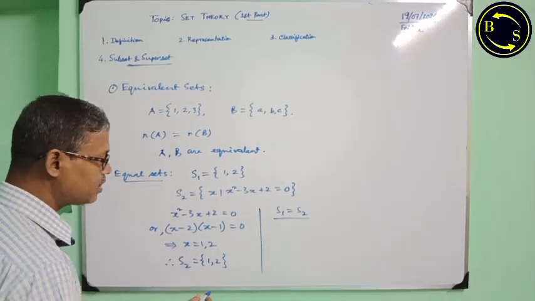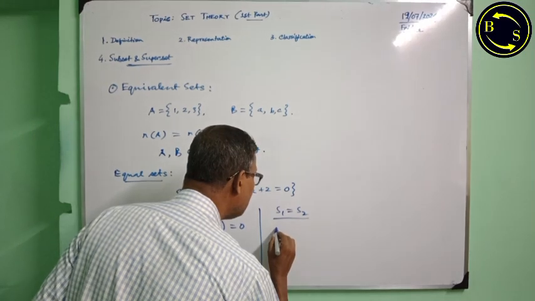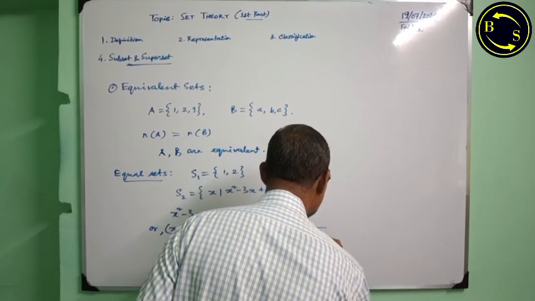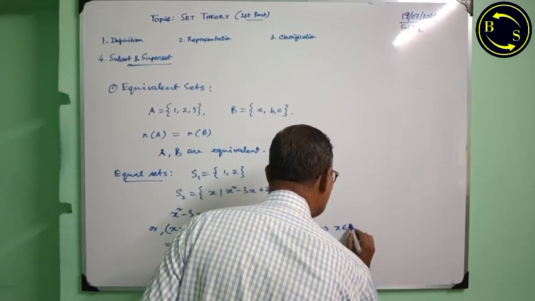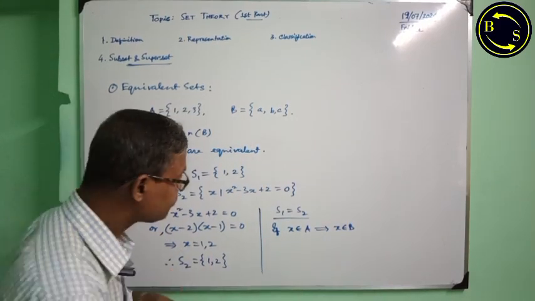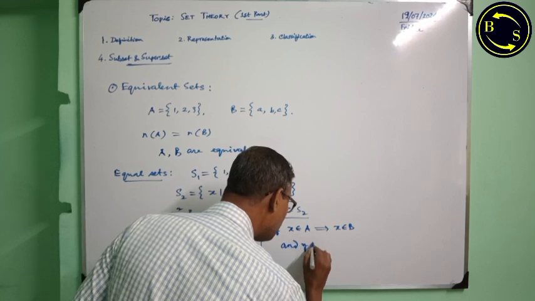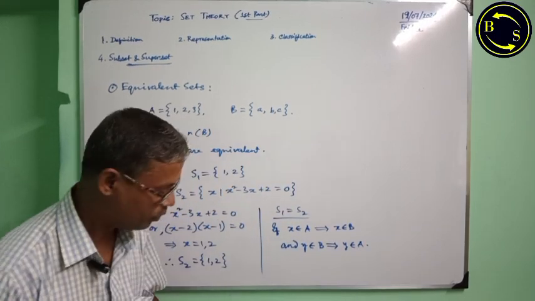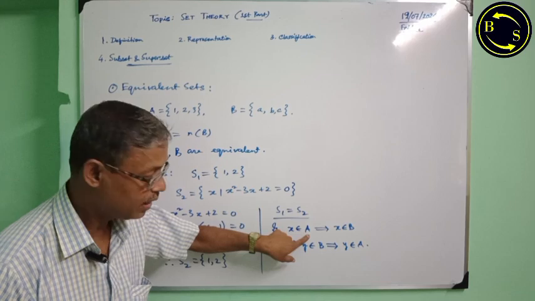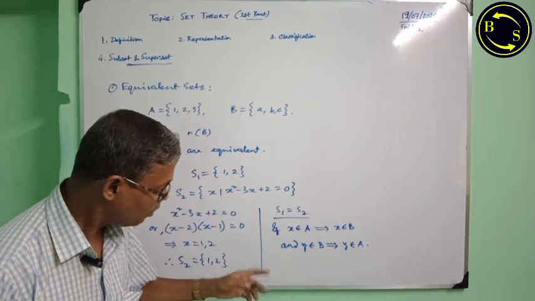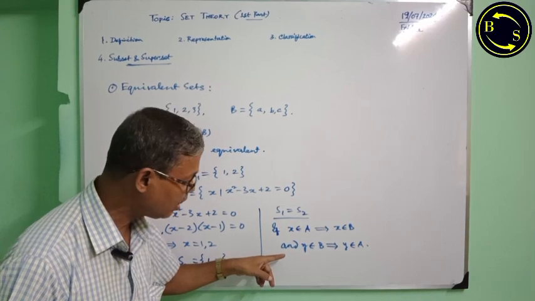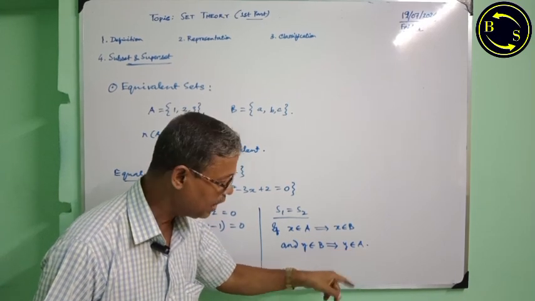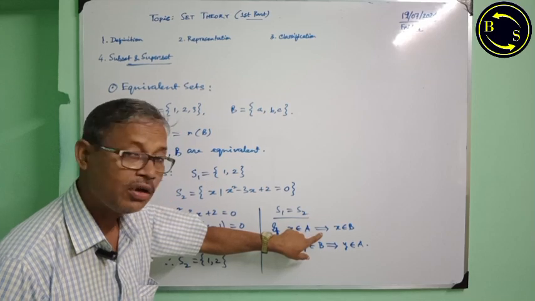Therefore, in the case of equal sets, we can say if x belongs to set A, then any member of the set A is also a member of set B, and any member of B is a member of A. This symbol is used for implication.